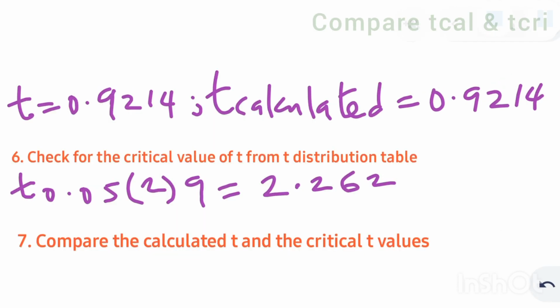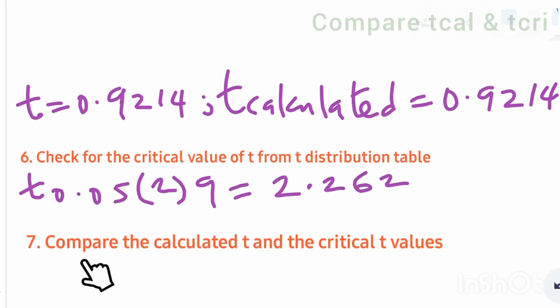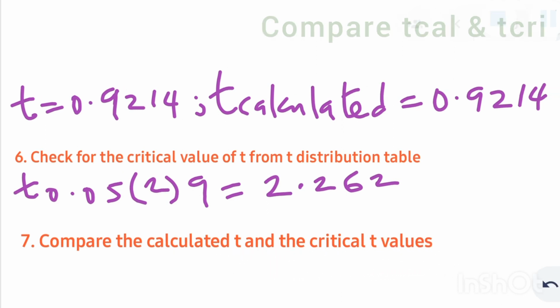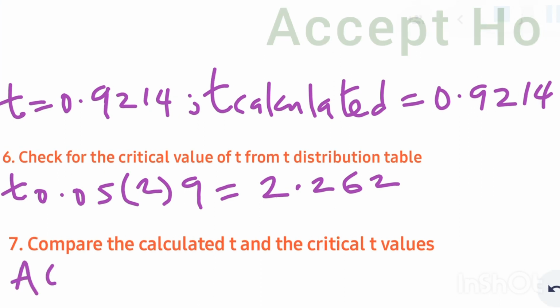The next step says compare the calculated t and the critical t values. The calculated t is 0.9214 and the critical t is 2.262. It's obvious that calculated t is less than the tabulated or critical t. So since calculated t is less than critical t, we accept the null hypothesis H0.